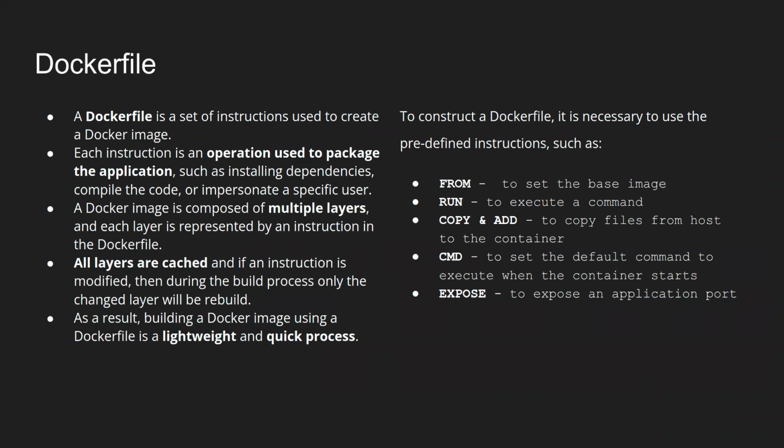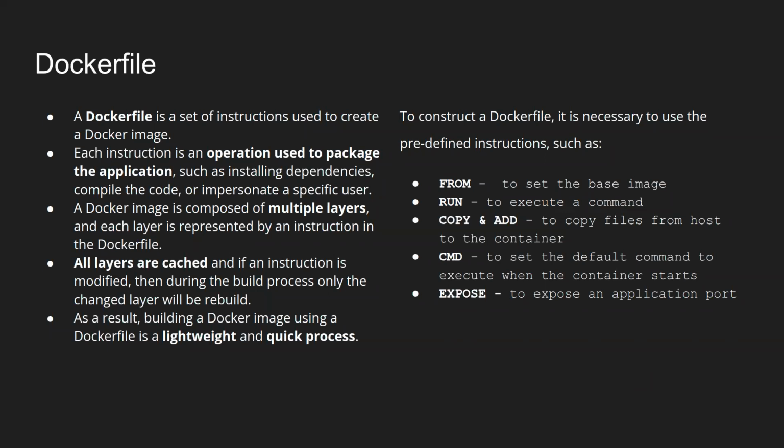And a Dockerfile is just a file containing a set of instructions that are used to create a Docker image. And each instruction is just an operation used to package that application. An example would be installing dependencies, becoming a different user, changing directories, and running your applications.